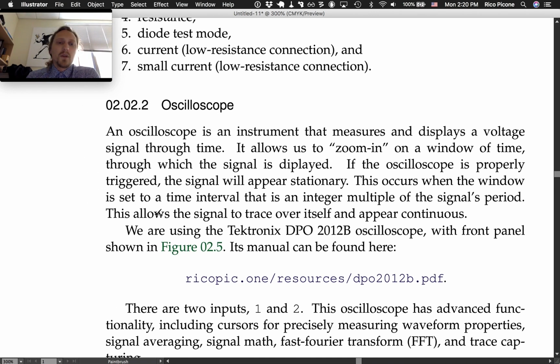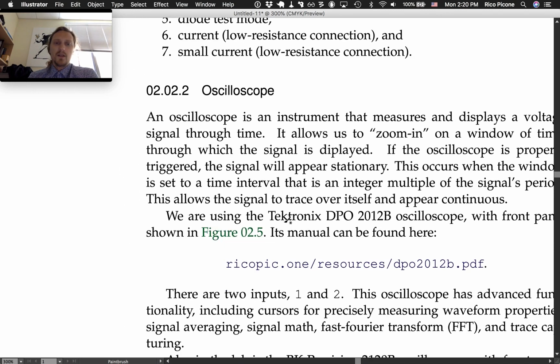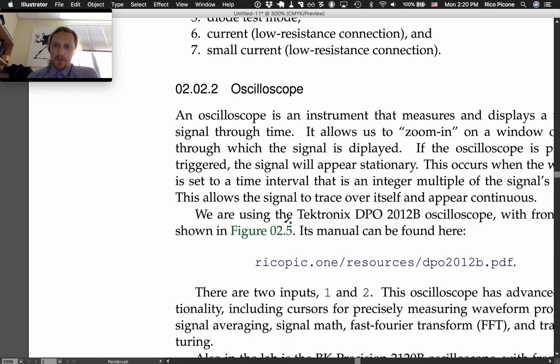This occurs when the window is set to a time interval that is an integer multiple of the signal's period. This allows the signal to trace over itself and appear continuous. So kind of the idea is you can imagine that you have a dot that's going along on a screen.